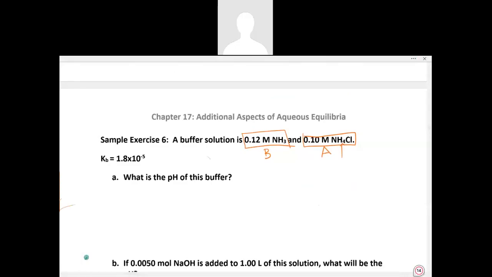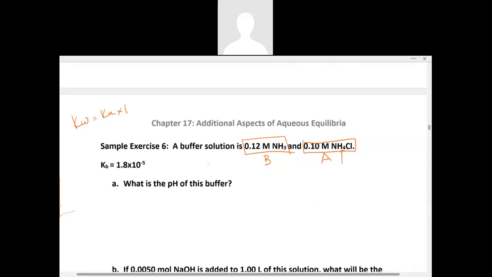If you recall, Kw is equal to Ka times Kb. So we can take the value for Kw, 1.0 times 10 to the negative 14, and then divide by Kb on both sides. So that would be 1.8 times 10 to the negative 5th, and that will give us our Ka value.